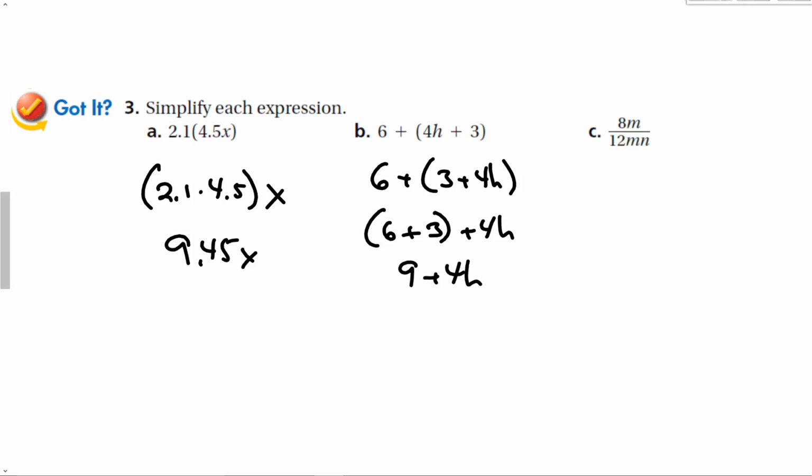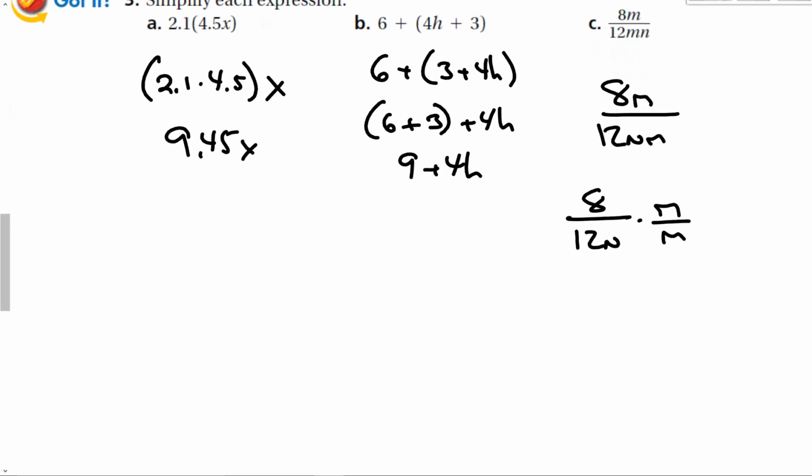And then the last one, I can always rearrange the numbers. So we have 8m over 12 times n times n. That is the commutative property. I could then go 8 over 12n times m over m, which is just how multiplying fractions works.